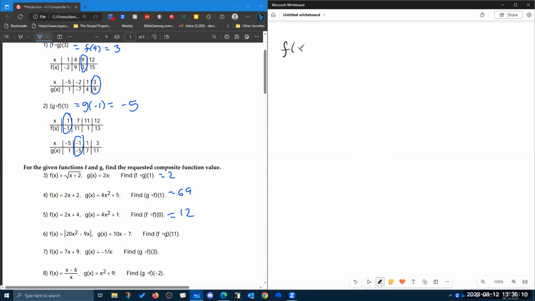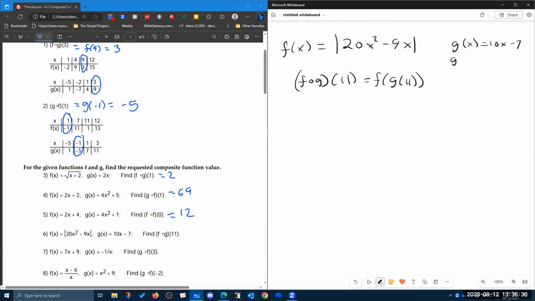f of x in number 6 here is going to be the absolute value of 20x squared minus 9x. And g of x is going to be equal to 10x minus 7. And I want to find f of g of 11. So that's f of g of 11. g of 11 is 10 times 11 minus 7, which is 110 minus 7, which is 103.